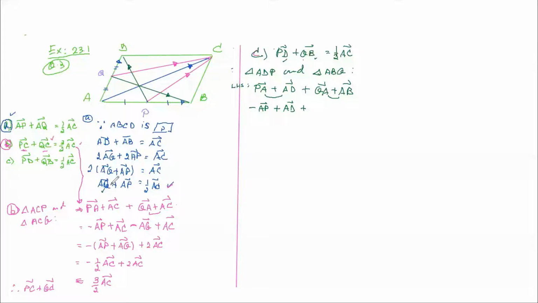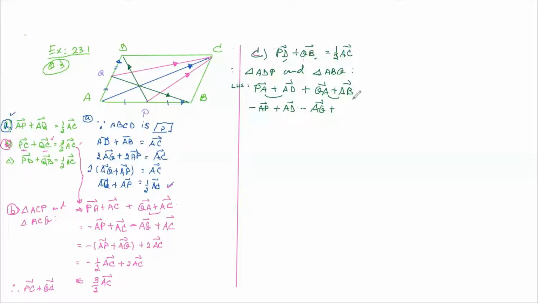Here it's QA, so it's going to be negative. So change, undo this. It should be negative vector AQ, plus AB. Now see AB here.